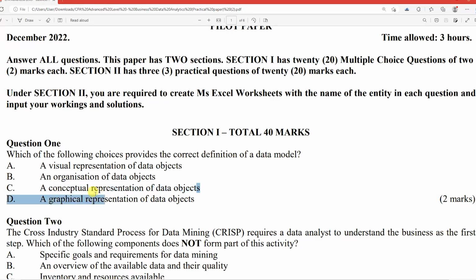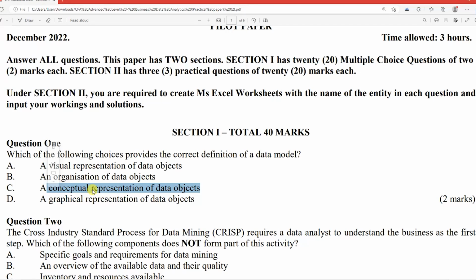Then C, a conceptual representation of data objects. A conceptual representation of data objects, that is it. That is the correct definition of a data model.